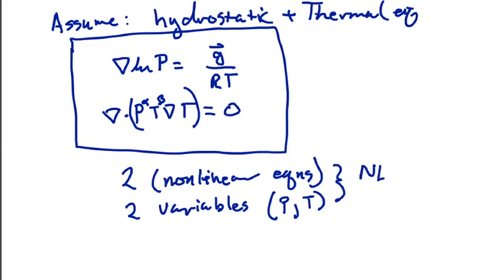Call these an NLBVP, a nonlinear boundary value problem. If we know something about the values on the boundary of pressure and temperature, then we can solve in the interior and get the atmospheric solution.